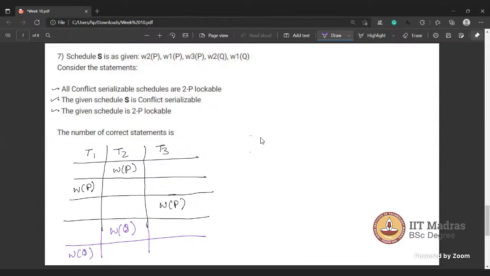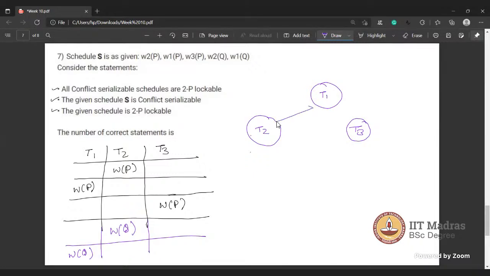Let's draw the precedence graph. T2, T1, T3. Who wants to say which instructions are conflicting?